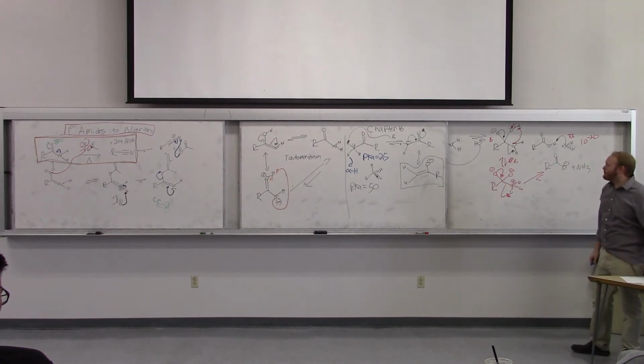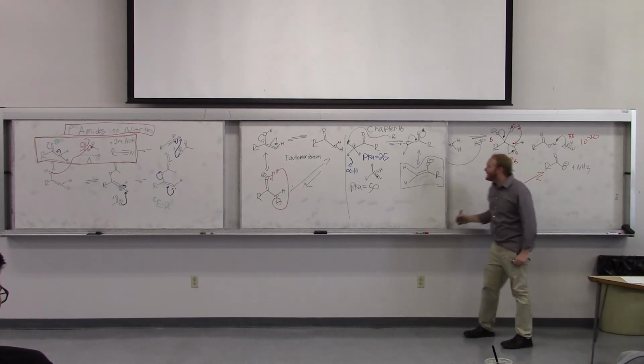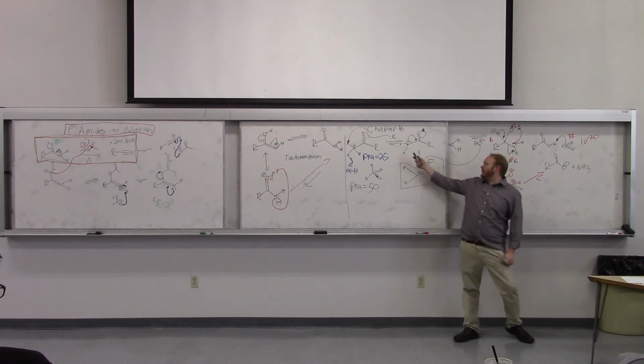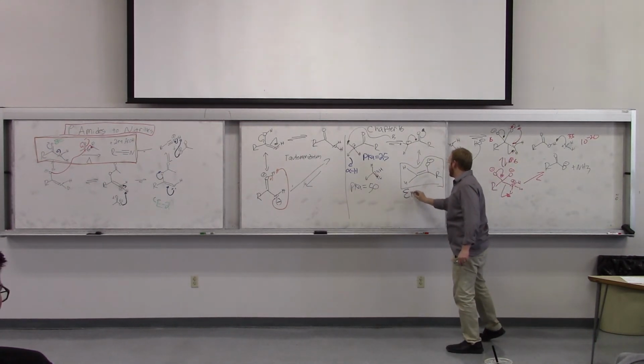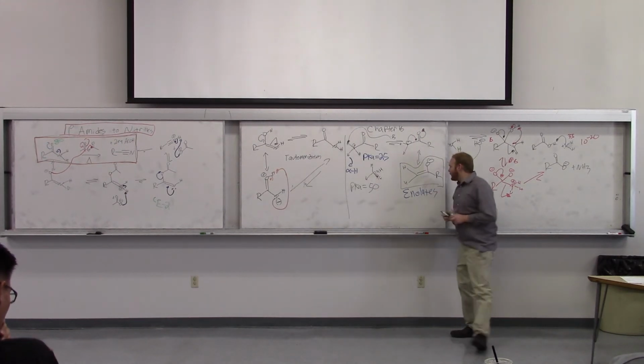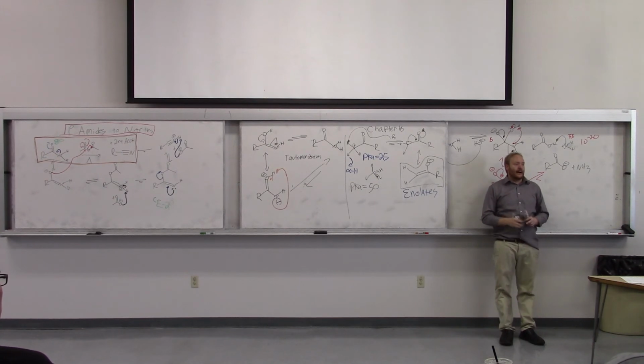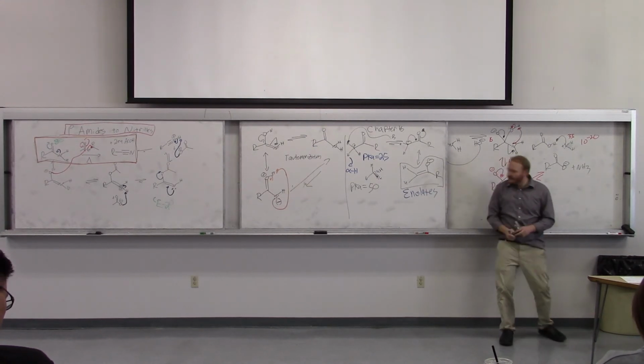And pretty much the basis of chapter 18 is the formation of these, what we call enolates, and the reactivity towards electrophiles. Nothing really big changes. You take this, it's a nucleophile.